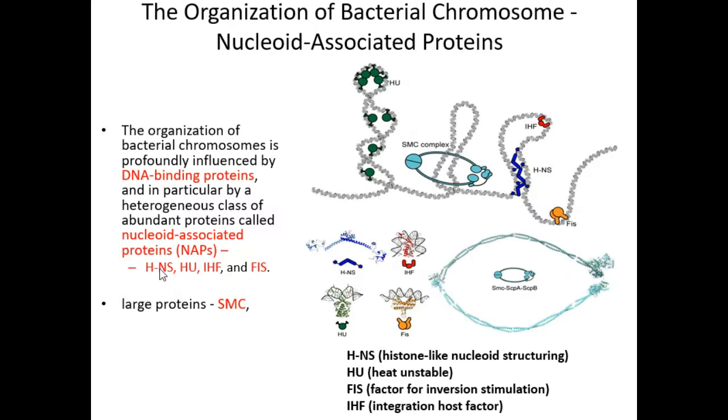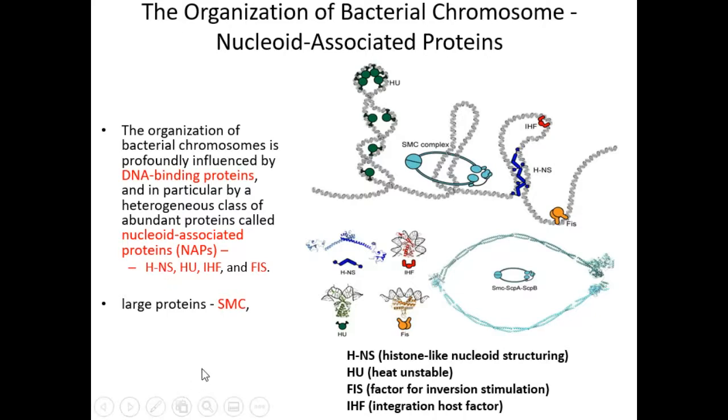They can bridge the DNA, right? Bring loci separated on the primary sequence level into close physical proximity. And the DNA bridging by the histone-like protein H-NS likely enables it to constrain negative supercoils, okay? So that's H-NS.